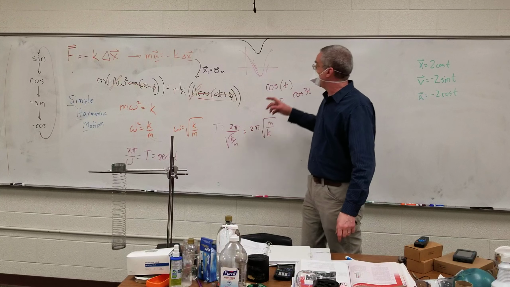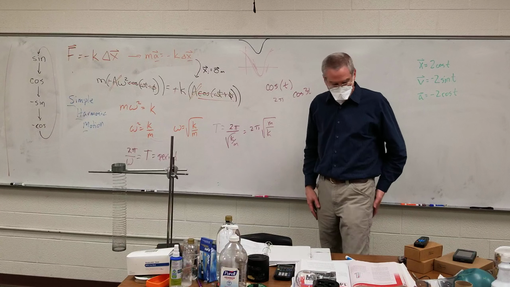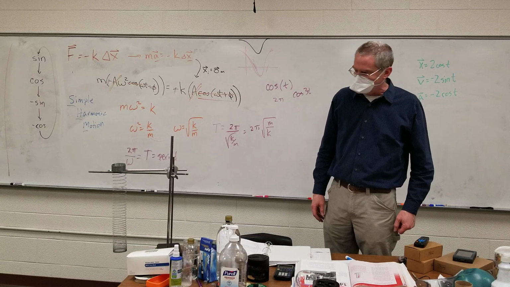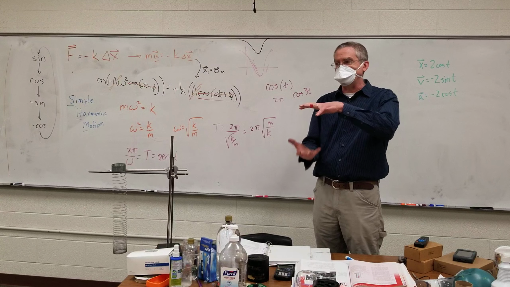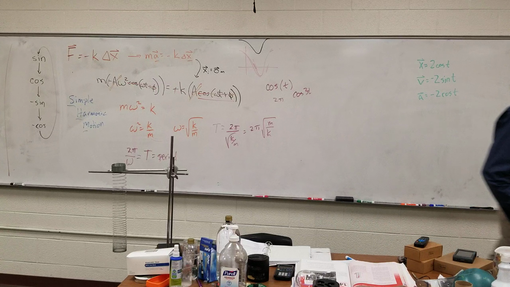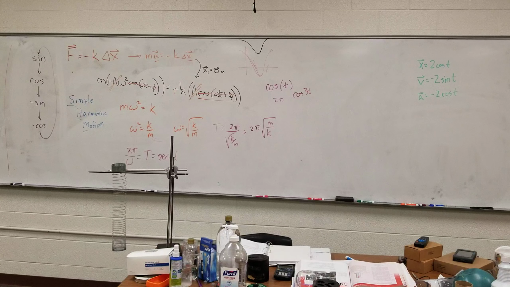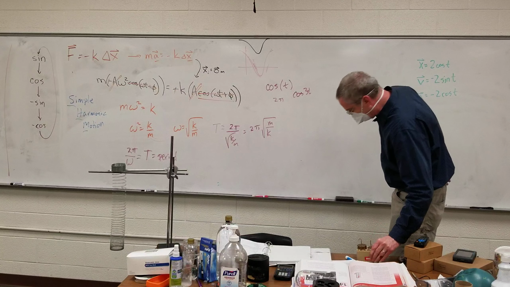First thing we need to do is figure out what the spring constant is. So I need a set of masses that I'm going to attach to it. We'll see how far it stretches as we add masses. Just going for a crude approximation here.